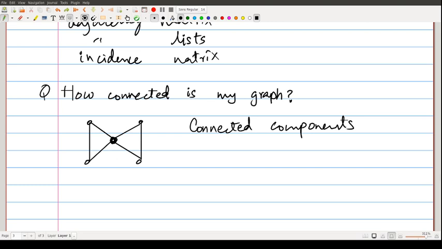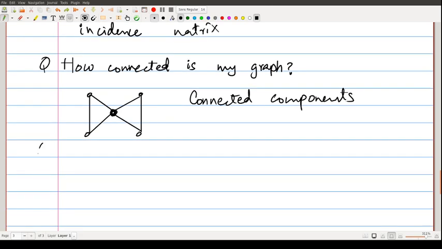And you can also ask a question about different paths. This is a notion that is very close to the idea of connectedness, which is: is there a path from Vi to Vj?